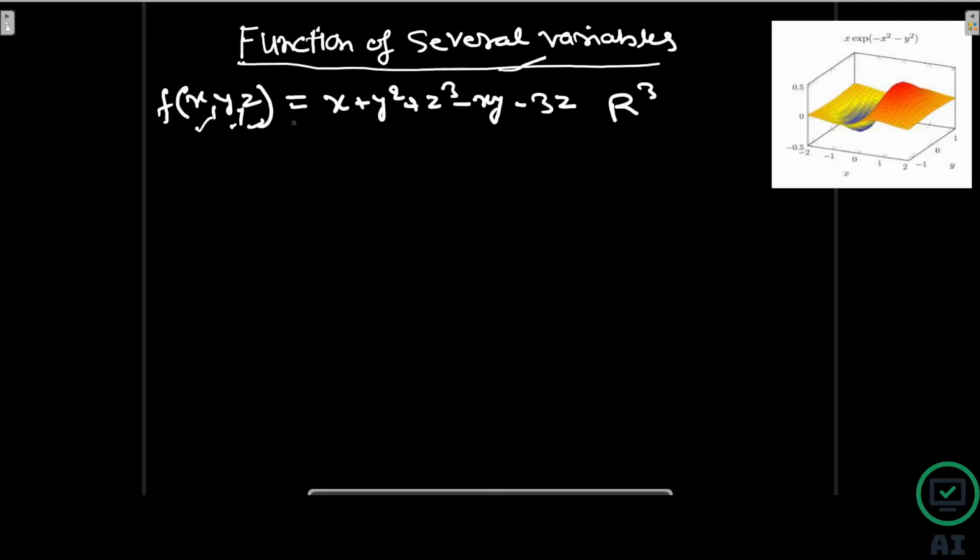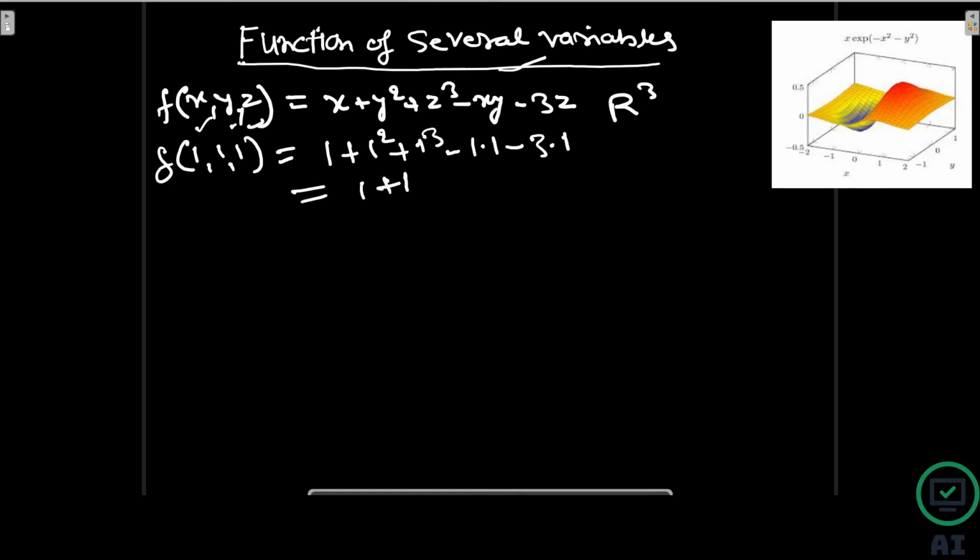So let's see an example. What is the value of f(1, 1, 1)? Let's put it in: 1 plus 1 square plus 1 cube minus 1 into 1 minus 3 into 1. So which is 1 plus 1 plus 1 minus 1 minus 3. So this is cancelled. So 2 minus 3 is minus 1. So this is the function value.